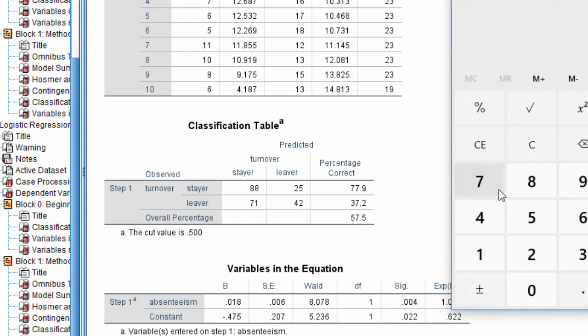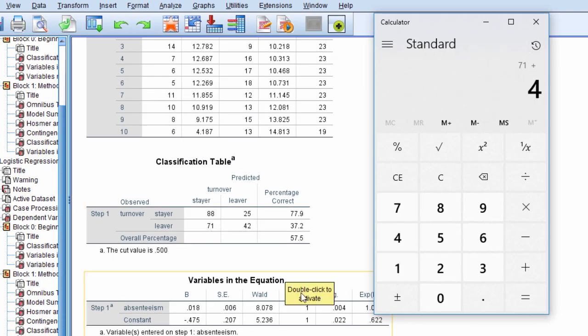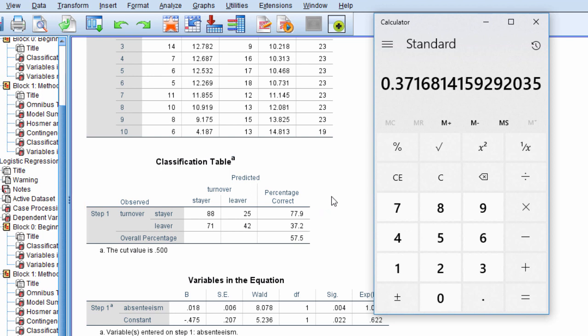So if I want to calculate sensitivity, I would sum this value and this value, so 71 plus 42 equals 113, and then I divide 42. 42 divided by 113 gives me 0.372 for my sensitivity value. So that's the correct classification of the characteristic of interest, which is the leavers.